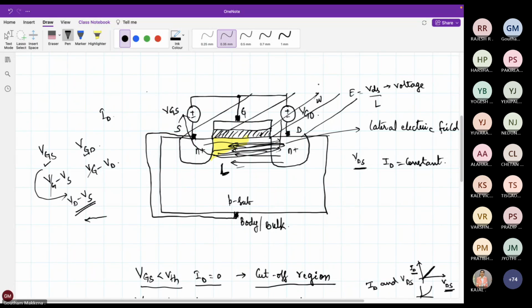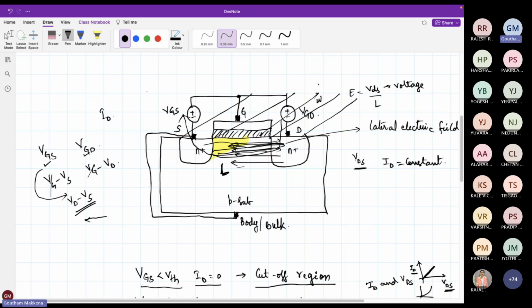Hello, sir. Are we going to learn body biasing also? Yeah, we'll see how we model the body effect when we do the second order effects. So in the next class we'll see how we model that. We see that gmb also comes into the picture.